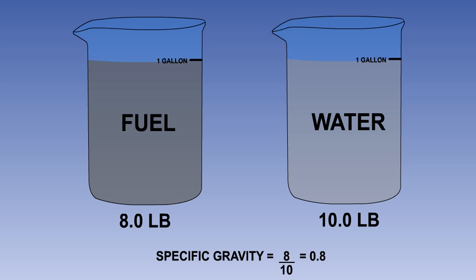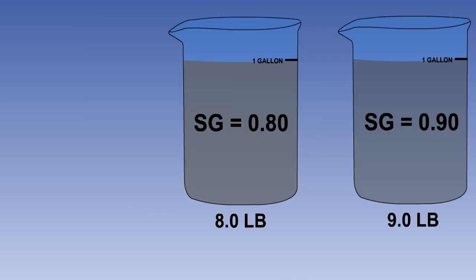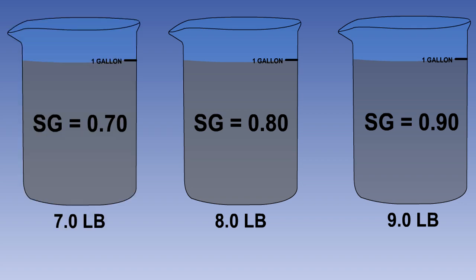Specific gravity has no dimensions. The higher the specific gravity of a fuel, the greater will be the mass or weight of fuel for a given volume. And conversely, the lower the specific gravity, the less will be the mass or weight for any given volume.